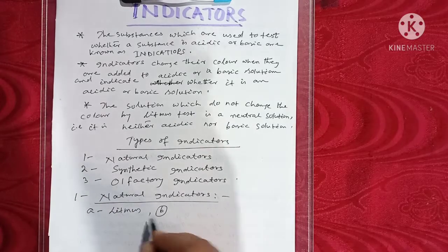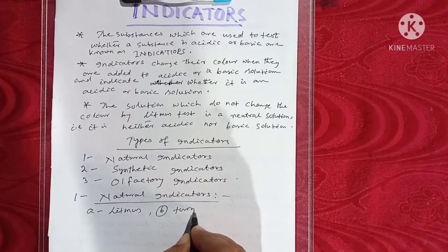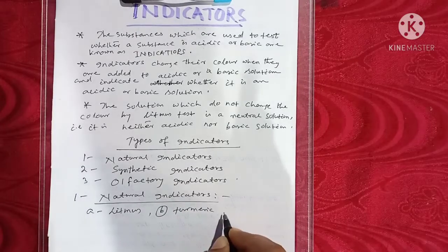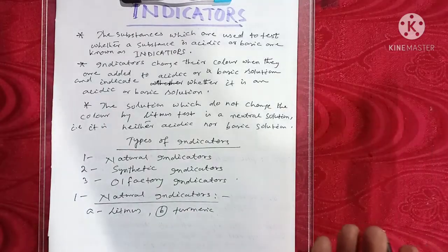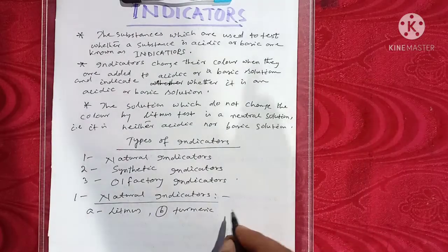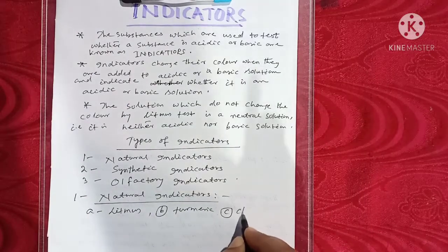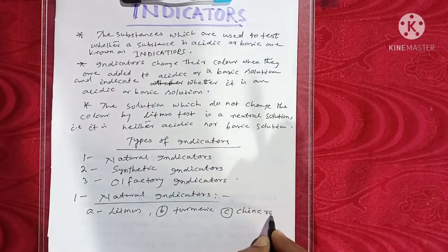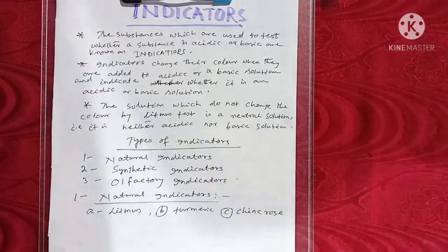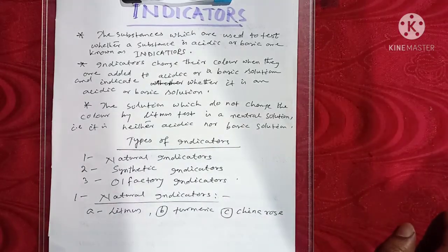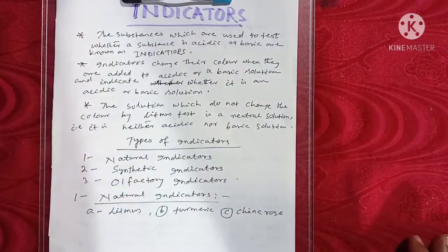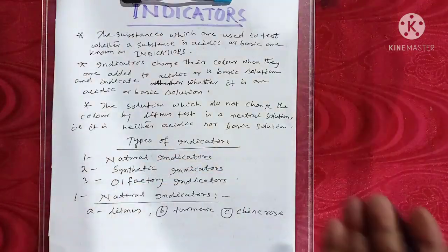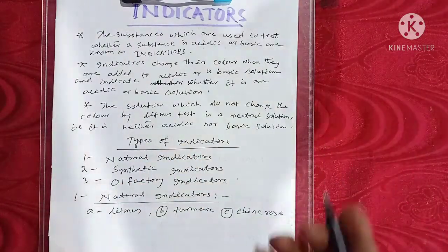Another is your turmeric powder. Turmeric is also a natural indicator. Another is your China rose solution, also another natural indicator. So here we shall see by taking these natural indicators how we can identify acidic and basic solution.